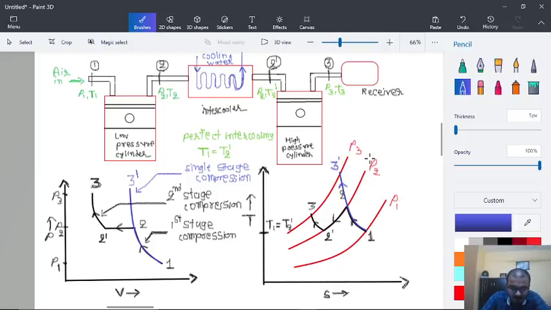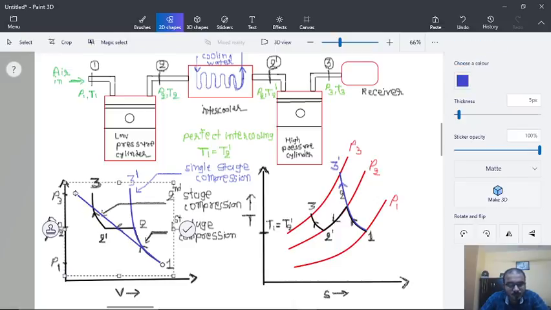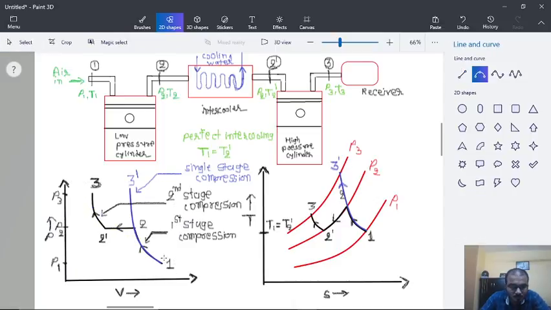And one more thing that we can show is, suppose we had an isothermal compression instead of polytropic or isentropic, in a single stage.